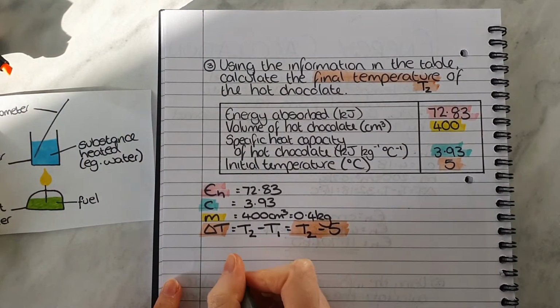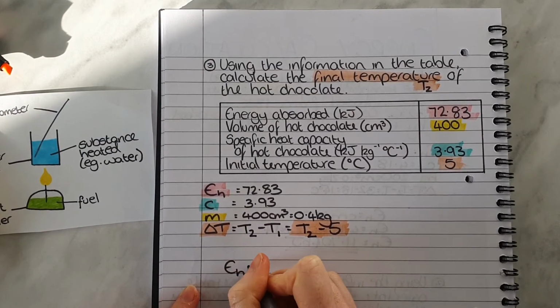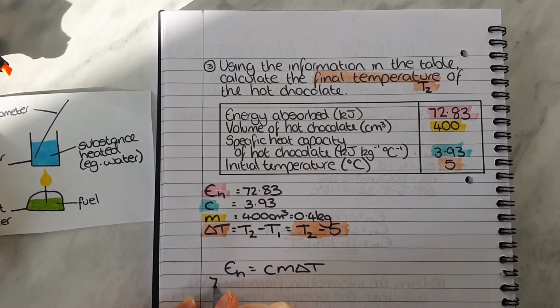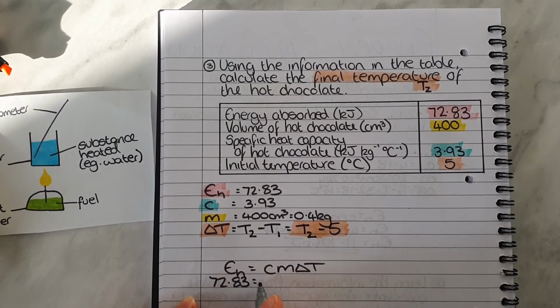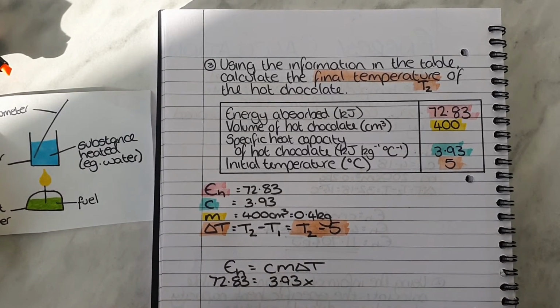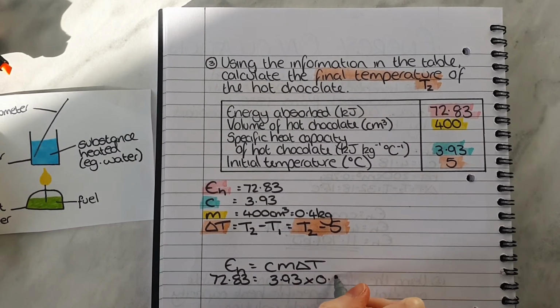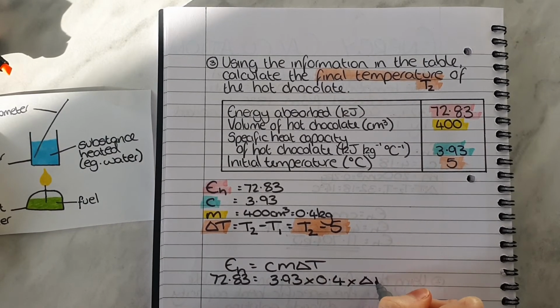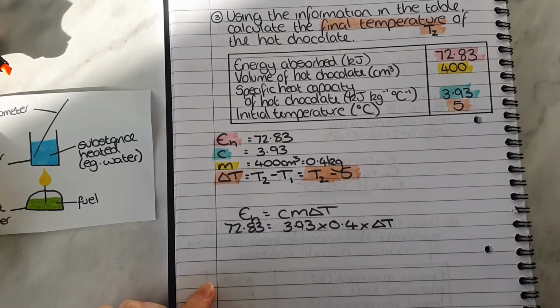So what we're going to do here is still do what we can. So E is 72.83, C is 3.93, M is 0.4. We don't know delta T, so we'll put delta T. Just ignoring that 5 just now.